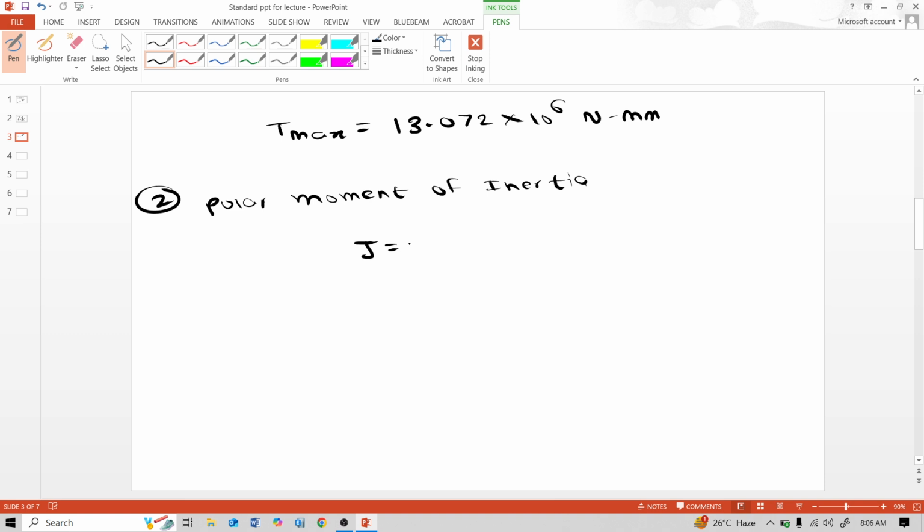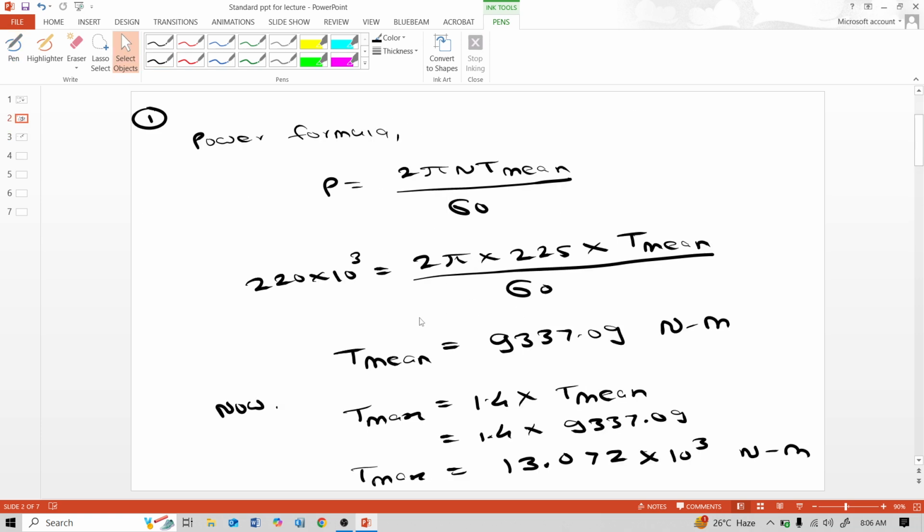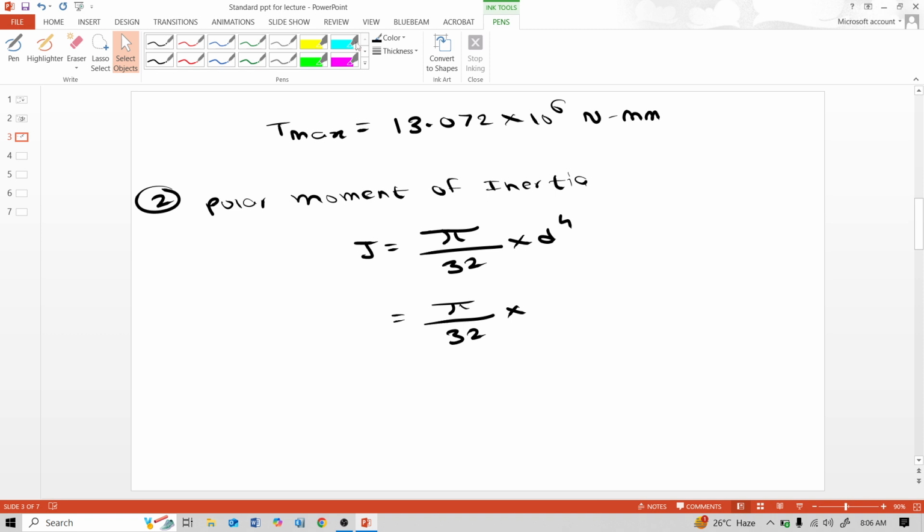Polar moment of inertia for a solid shaft is pi by 32 into d raised to 4, and d is 950 mm.